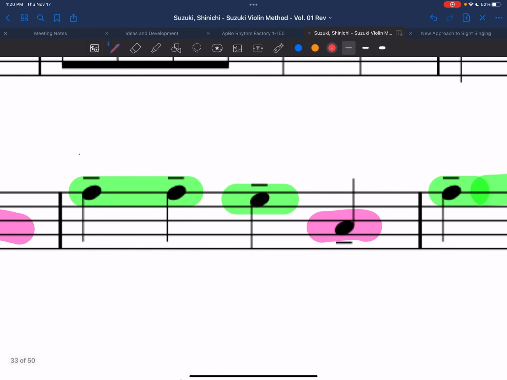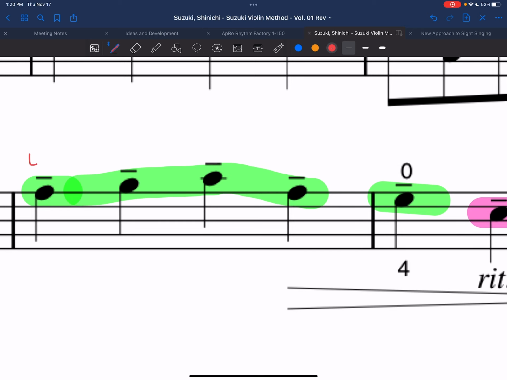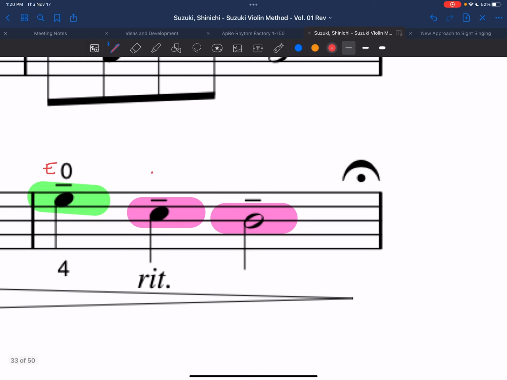We already know E1, E0, A0. Then E1, 2, 3, 1, E0. Then we go to A2 and A1.